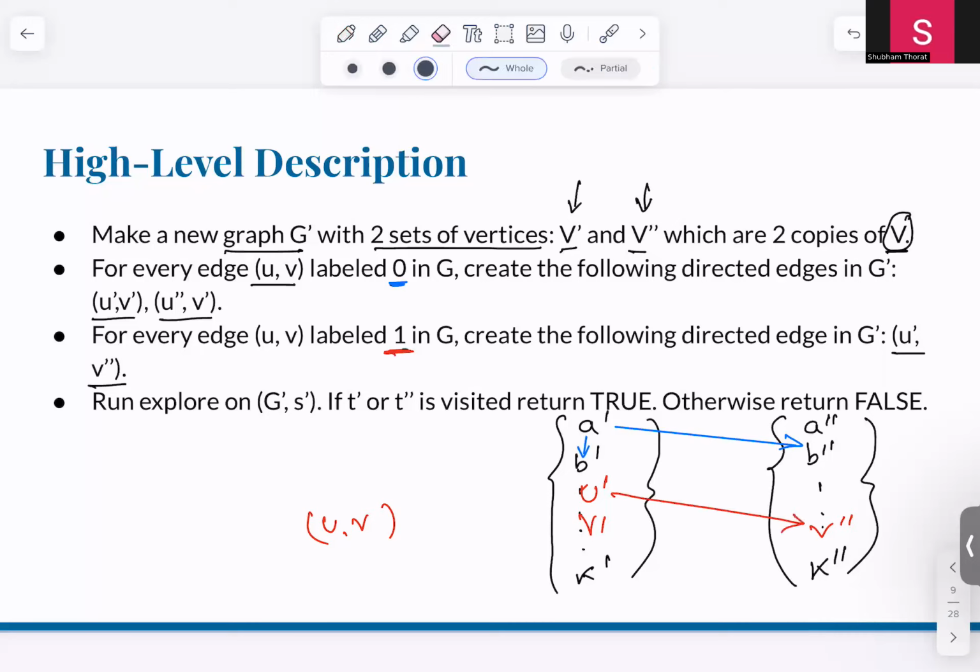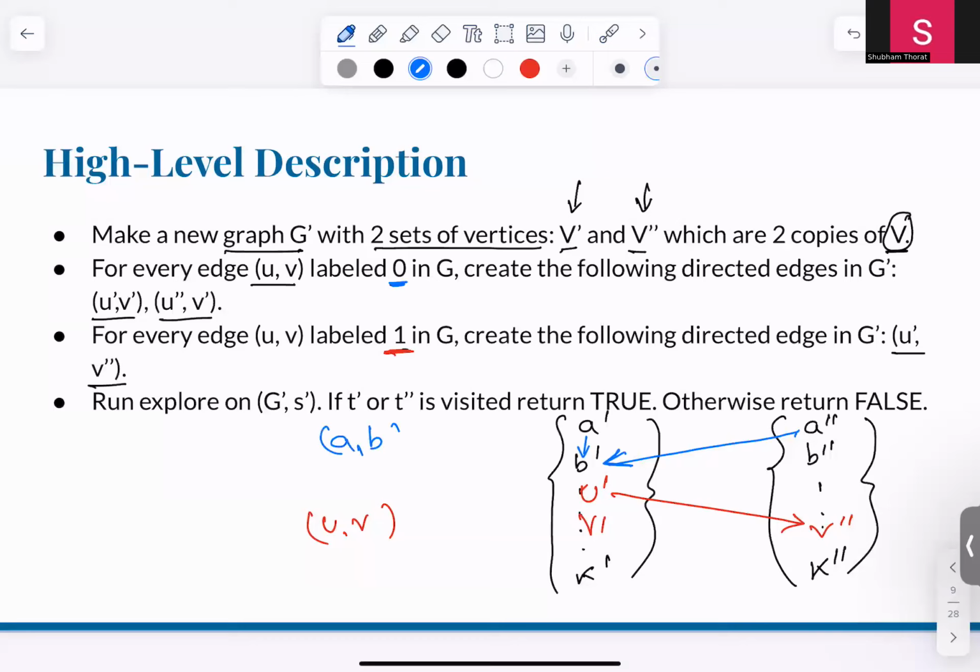I think I created this edge in a wrong way. It should be like this. Okay. So in here we had this edge from A to B. If it is from A to B, this implies we either connect A prime to B prime, or we connect A double prime to B prime.